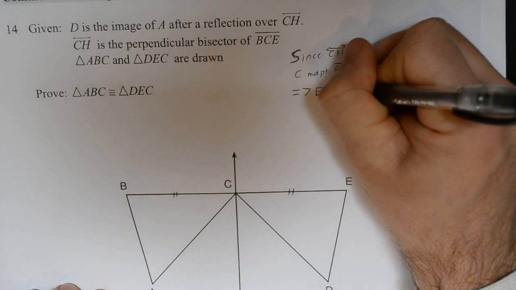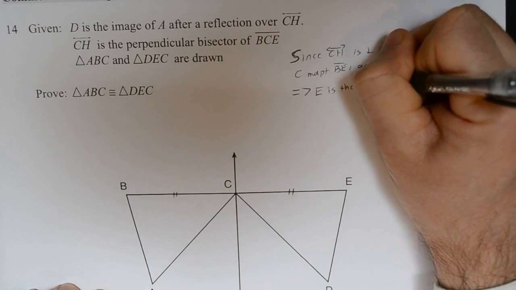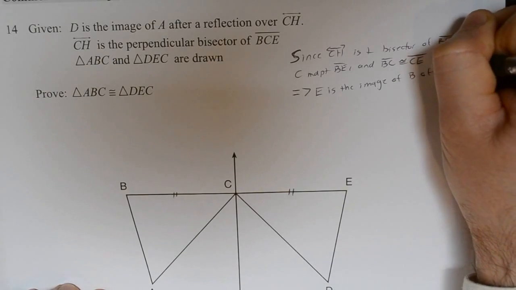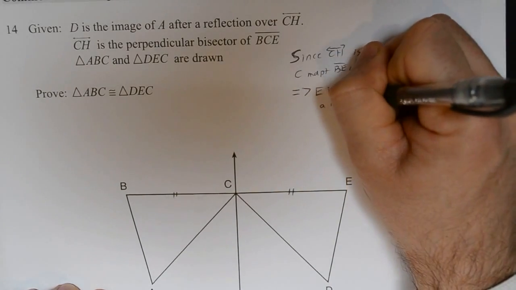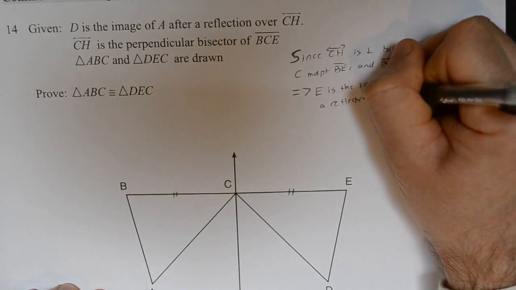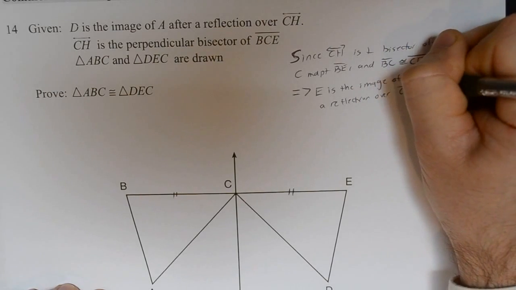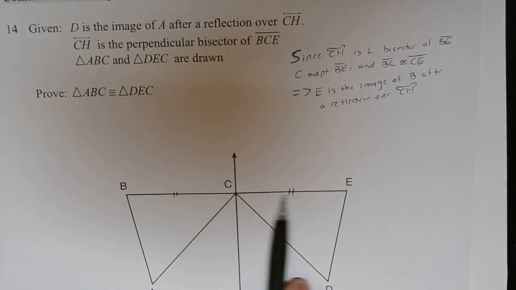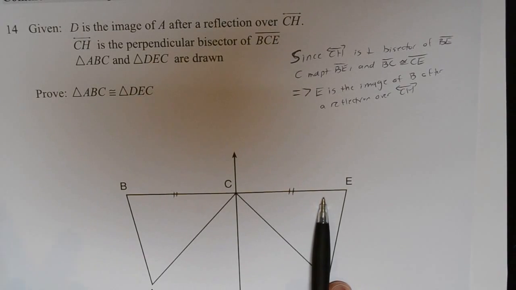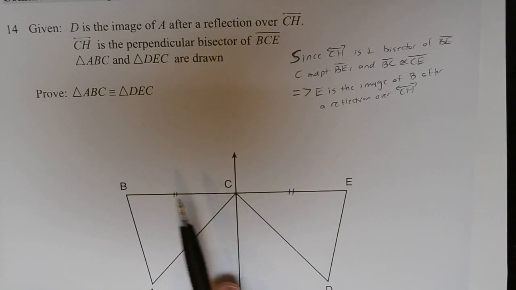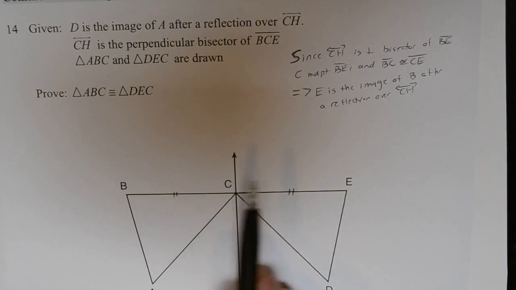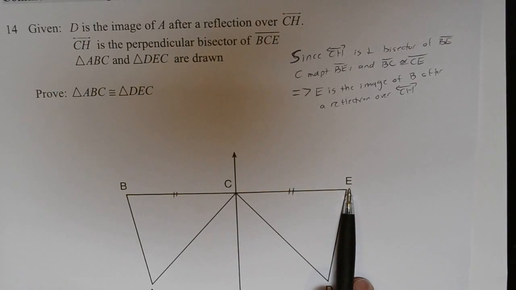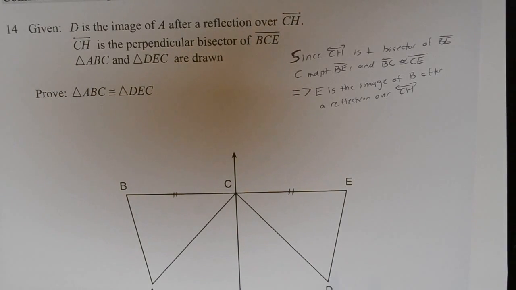So I'll say E is the image of B after a reflection over CH. Since this is a perpendicular bisector, and the definition of a line reflection is that the line of reflection is the perpendicular bisector between the pre-image and the image, then B maps to E, and we already were told that A maps to D.